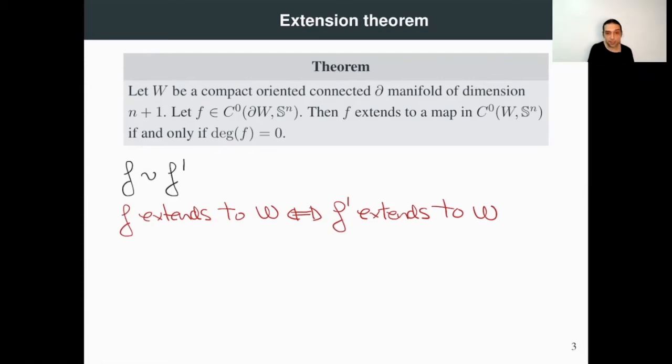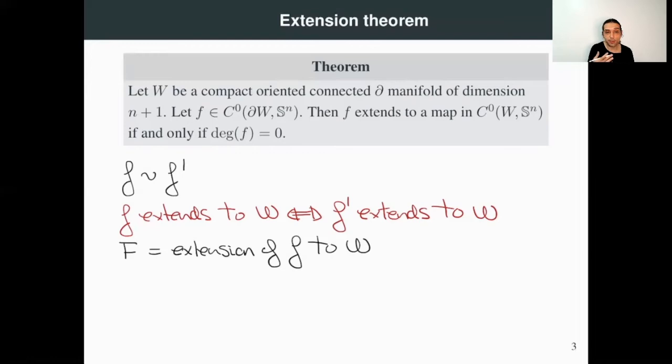Okay, suppose that f extends to W, and so capital F is going to be the extension of small f to the whole W. What we can always do is extending f prime to a neighborhood of the boundary of W. Okay, this is always possible because of the existence of collars.